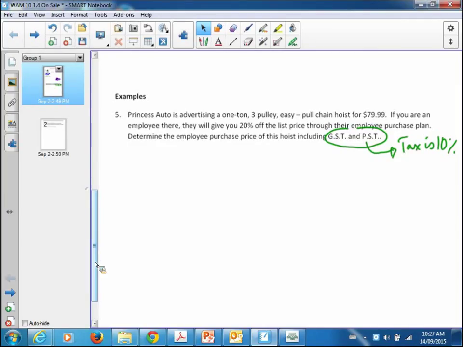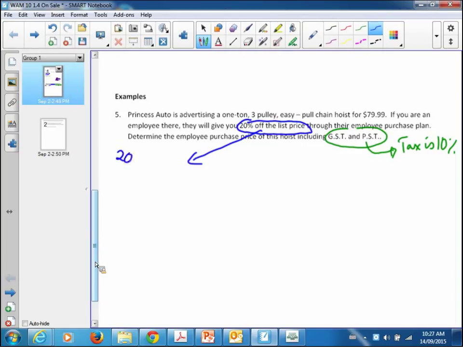There's two ways of doing discounts. And there's one way that's kind of better. Because he's an employee, if you have a 20% discount, think of it this way.